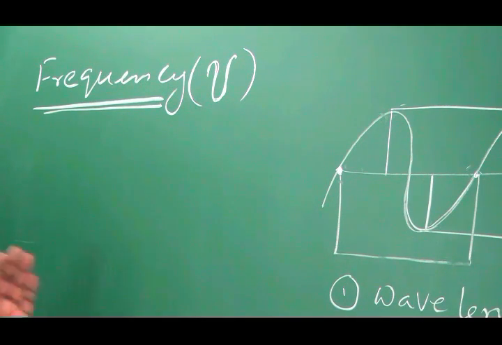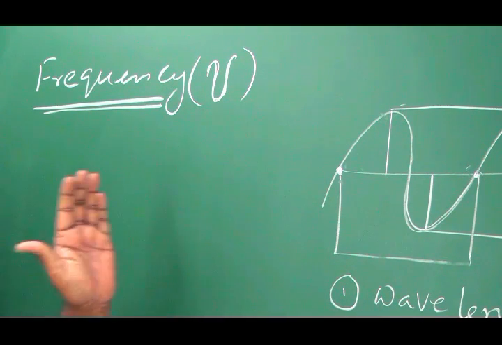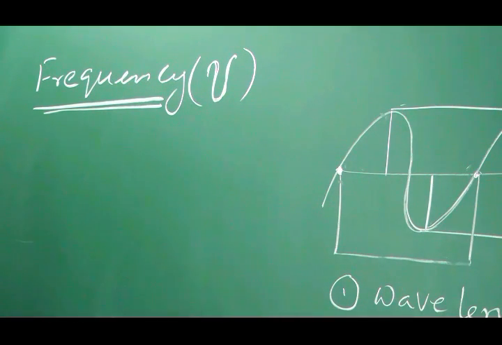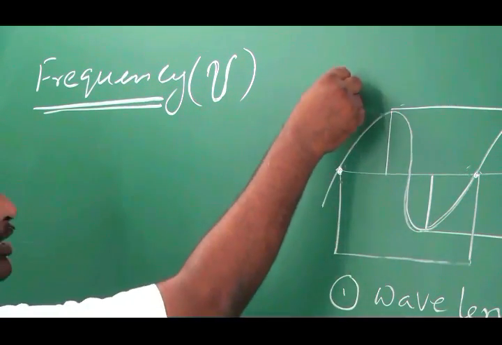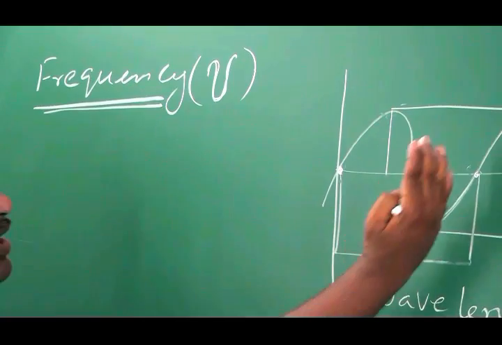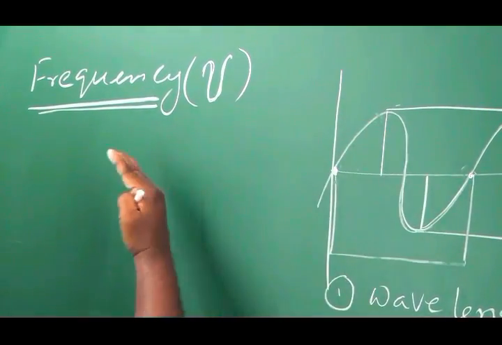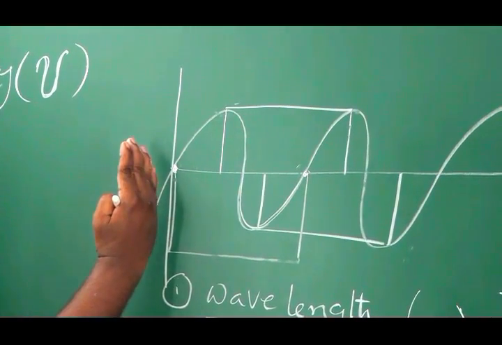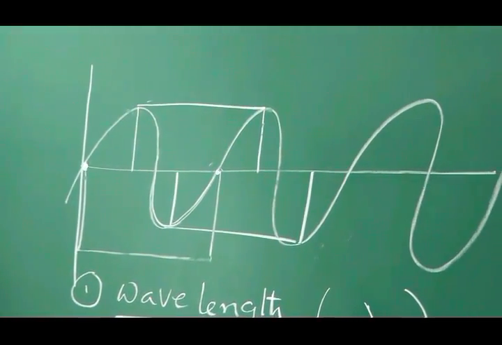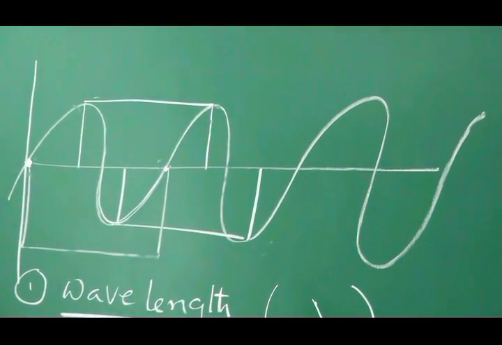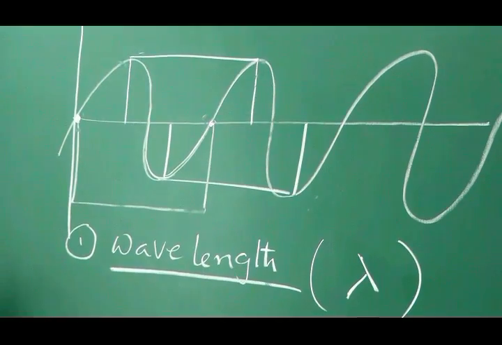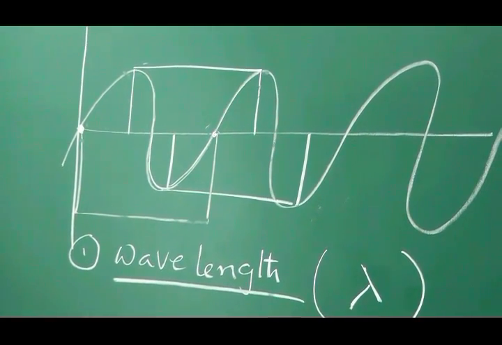Frequency means if this electromagnetic radiation or light is moving, the waves will cross a fixed point. Along the path of the light, the number of waves that cross a fixed point in a unit time is said to be frequency.